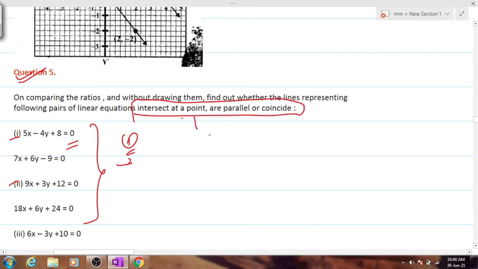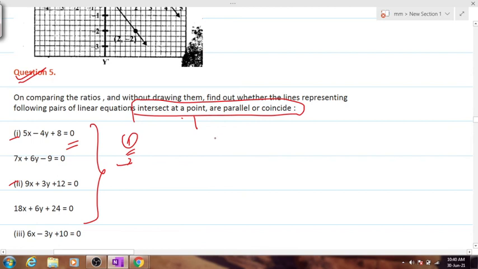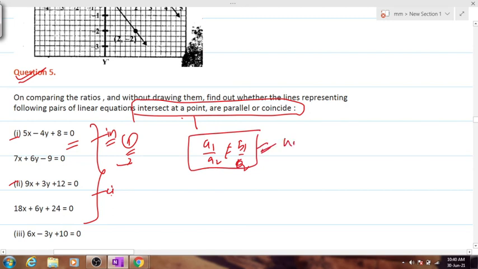Intersecting के लिए what is the condition? Sir, number 1 will be intersecting. Exactly. And sir, number 2 will be coinciding. Very good. Because in number 1 we see A1 by A2 not equals B1 by B2. So simply we say intersecting, we'll get a solution, that is a unique solution. In the second one, you see that A1 by A2 is equals to B1 by B2.